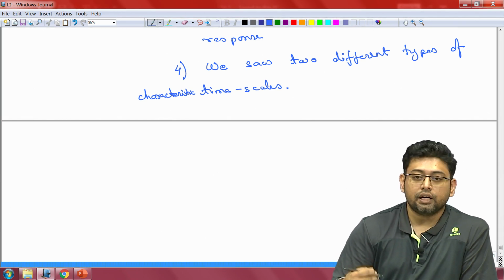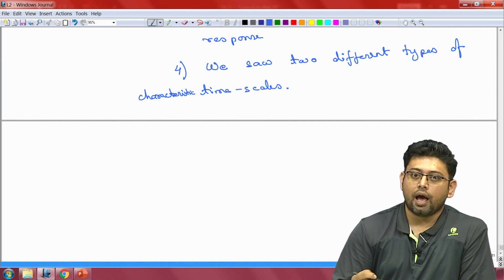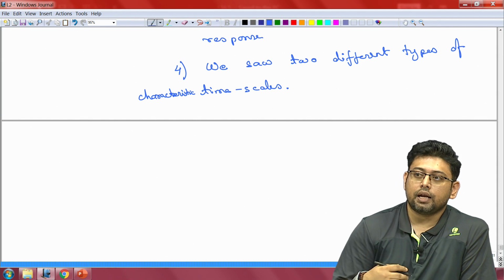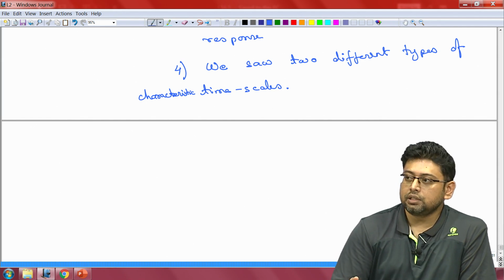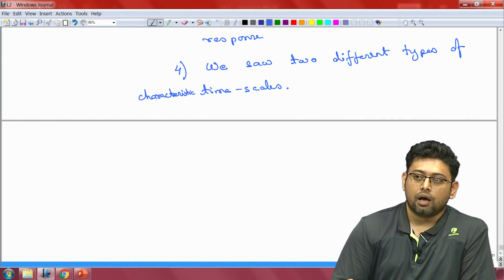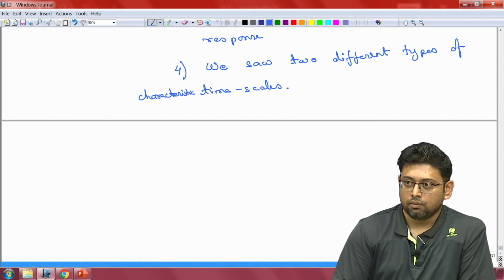So, there exists a generalization of this idea, where we have a discrete set of characteristic time scales. In a more general sense, it is possible that a fluid can have an entire spectrum of time scales.